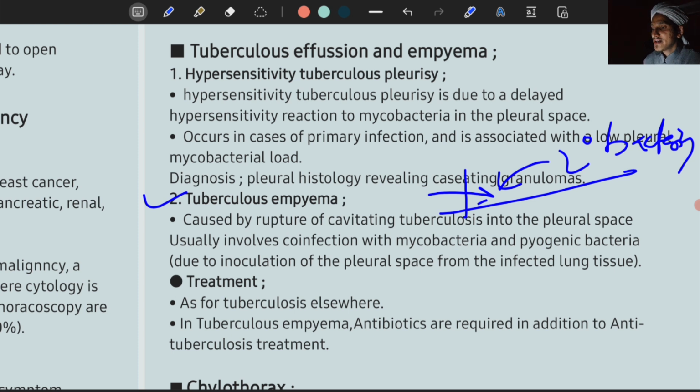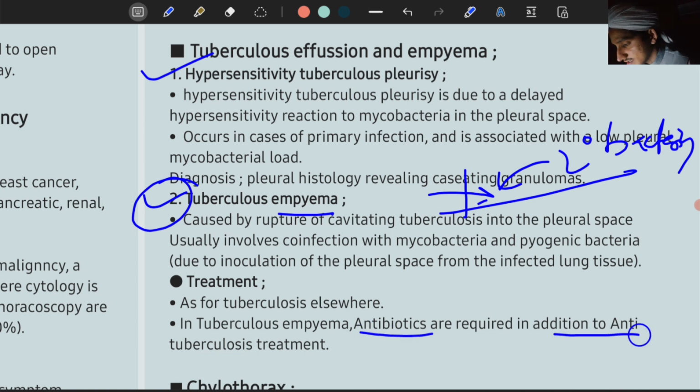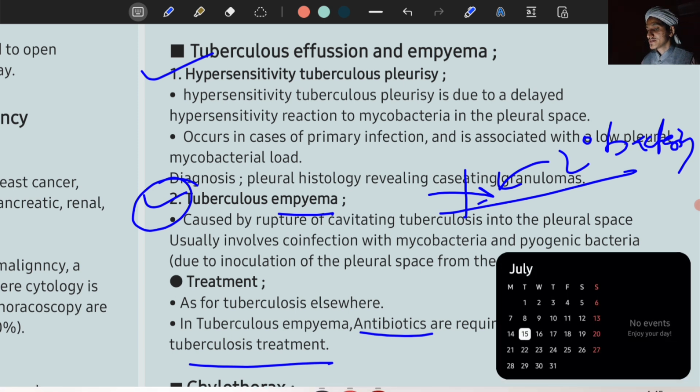So what is the treatment? Here you give anti-tubercular therapy, and along with anti-tubercular therapy in empyema you should give antibiotics in addition to the anti-tubercular treatment. That is the thing.